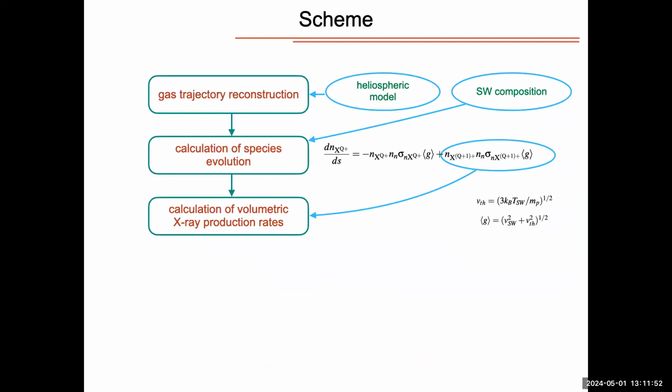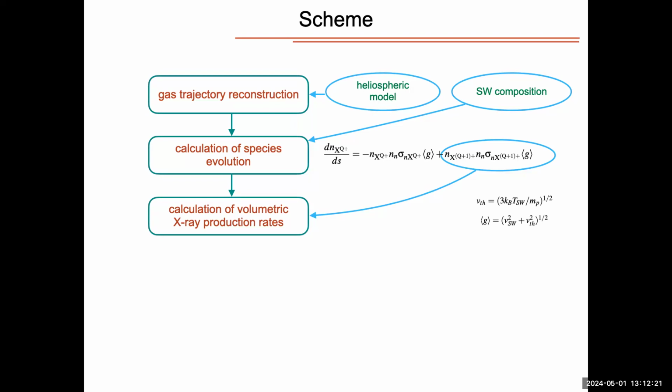Then we need to calculate volumetric X-ray production rates, and surprise, surprise, that's of course just the source in the continuity equation, because a highly charged ion of Q plus 1 charge becomes an ion with charge Q in the excited state.